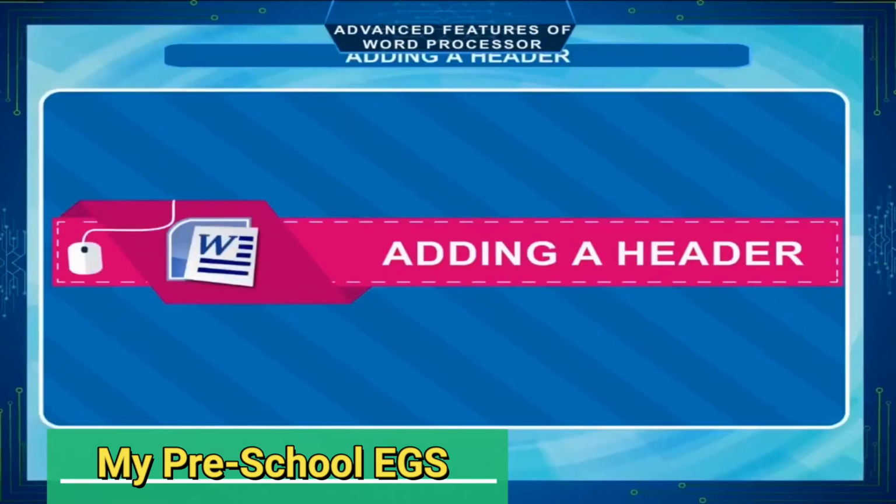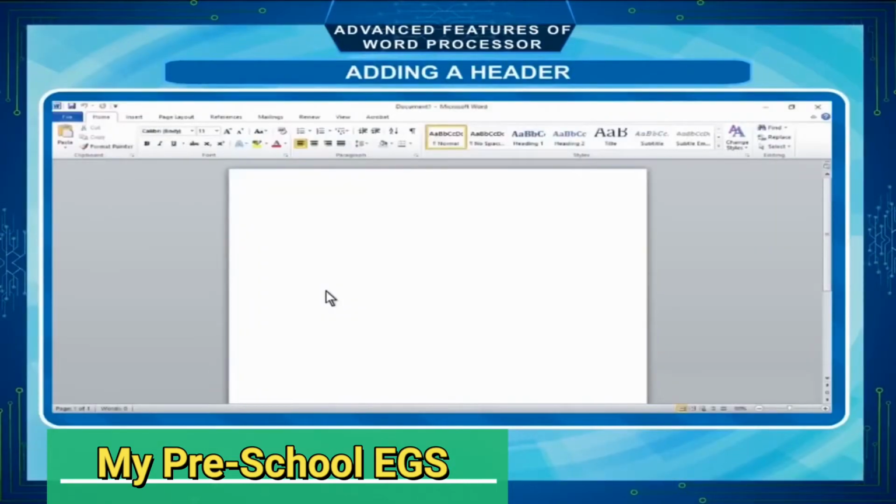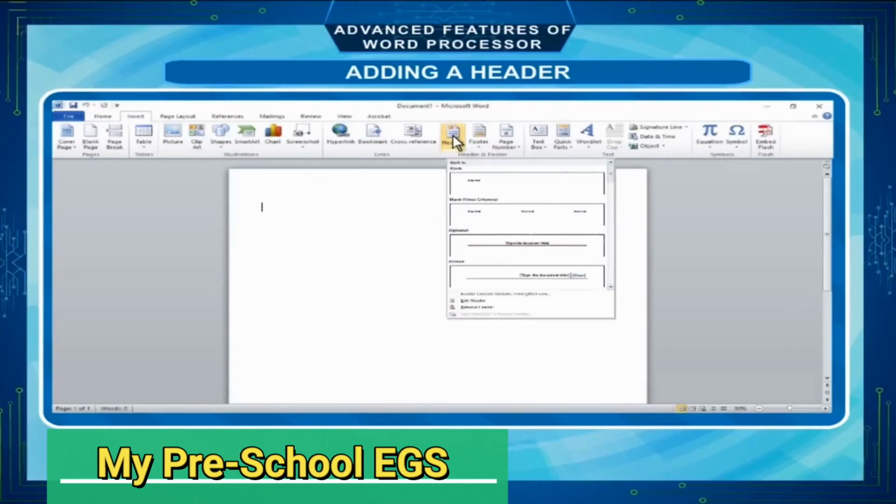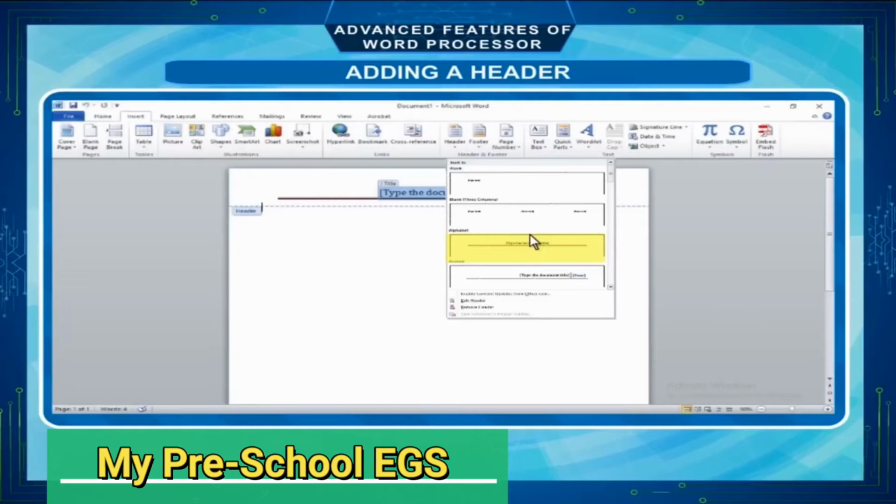Adding a header. Header and footer isn't automatically included in a new document. You can easily insert a header in the following way. On the Insert ribbon, click on the Header button. The header menu will drop down, offering you a choice of built-in header layouts. Select a layout by clicking on it.